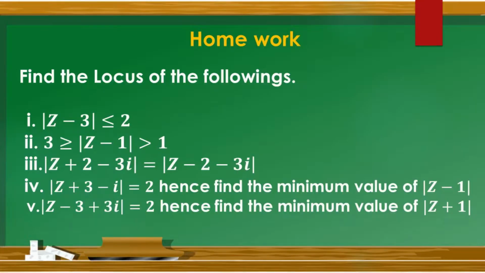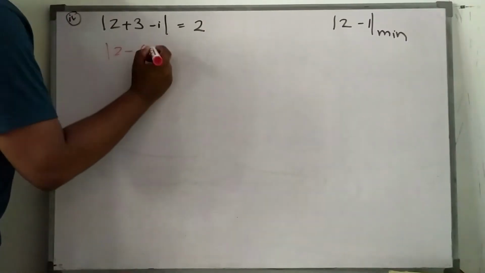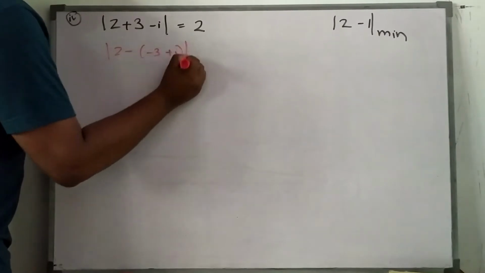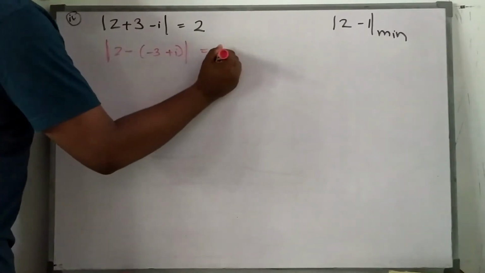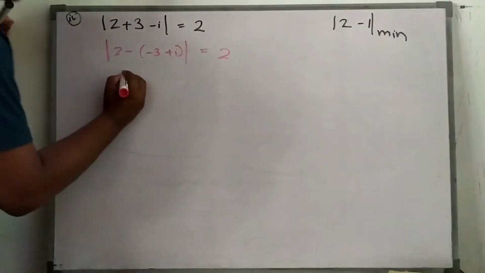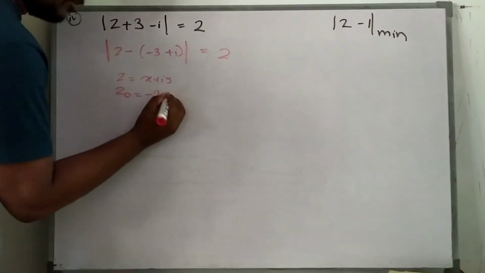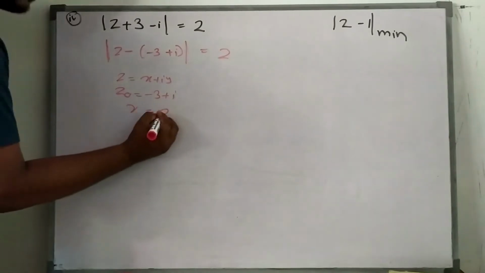Okay children, this example, I'm going to construct it like modulus of z minus z naught, where z is x plus iy, z naught is minus 3 plus i, equal to 2.